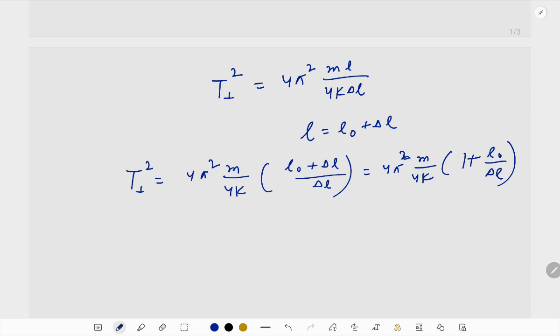This I got. And now we can find the ratio of periods, in terms of squares: T perpendicular, the time period for transverse oscillation, square by T parallel, that is the time period for longitudinal oscillations, and I will make a ratio that will give me the values.